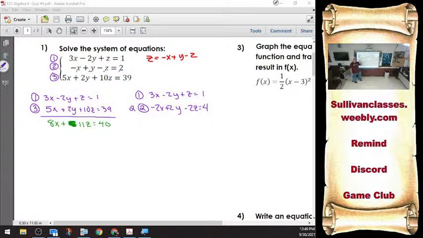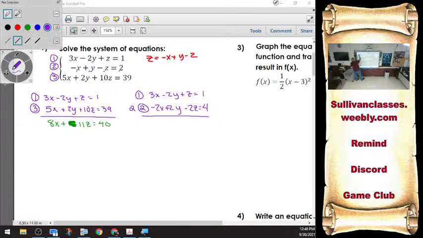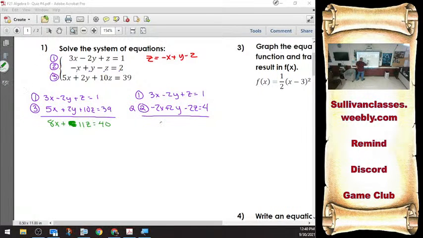Maybe just a note to yourself: did you multiply the constant on the other side as well? Because that's a really common one. Luckily, though, this is just x minus z. Nice and easy. And if I have just x minus z, it's really easy to solve this 2-variable system.